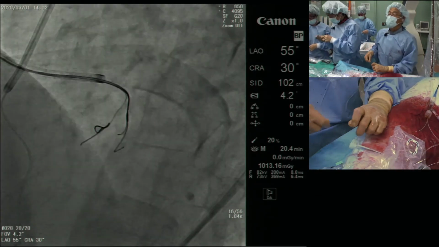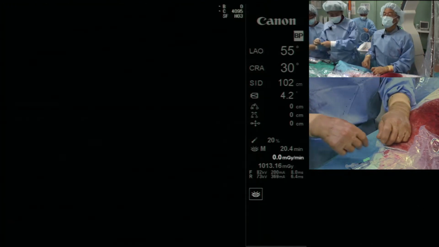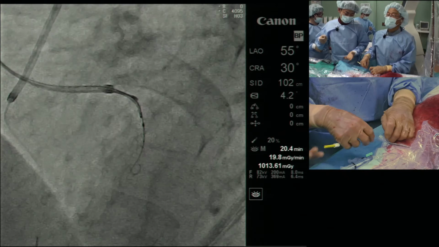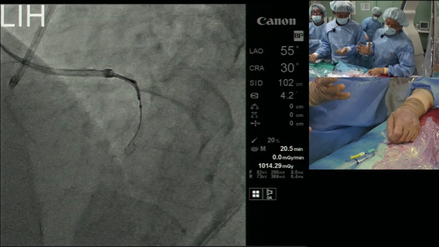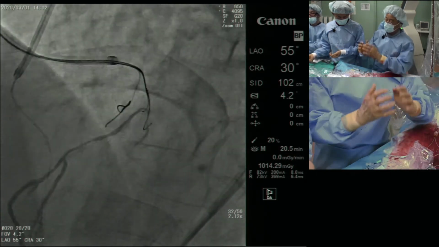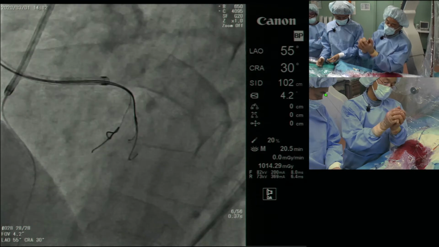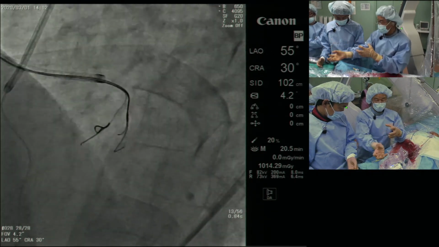So we often use a Conquest or Confianza type wire for this penetration. Yeah, it's the Conquest type. The guide wire has a very ball-like tip. So it means this wire easily slips to the distal.